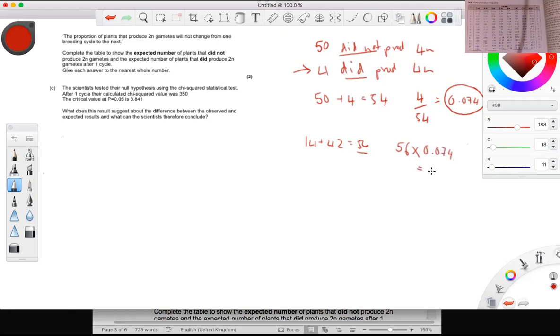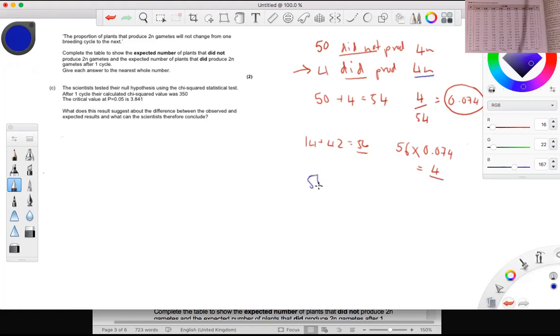And when we do that, we get a number of 4.1 something. The question says round it, so we can say that it is 4. So 4 out of 56 did not produce 4N gametes.